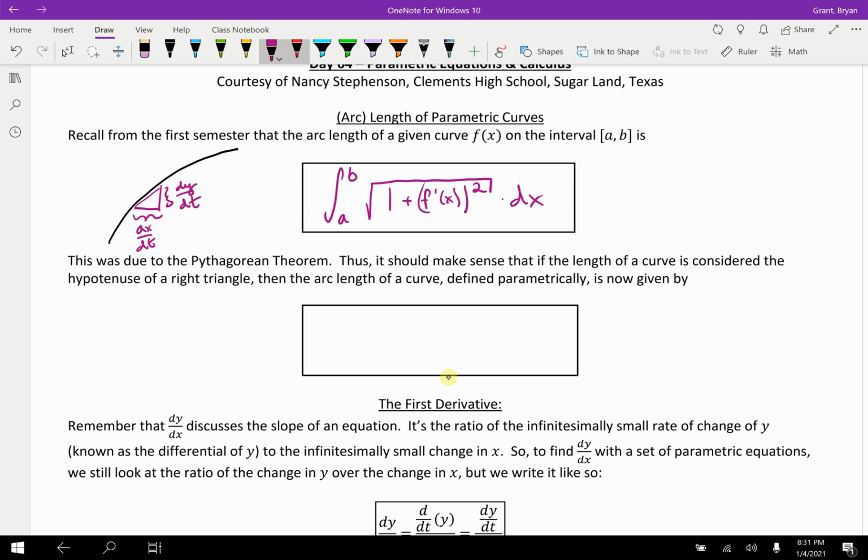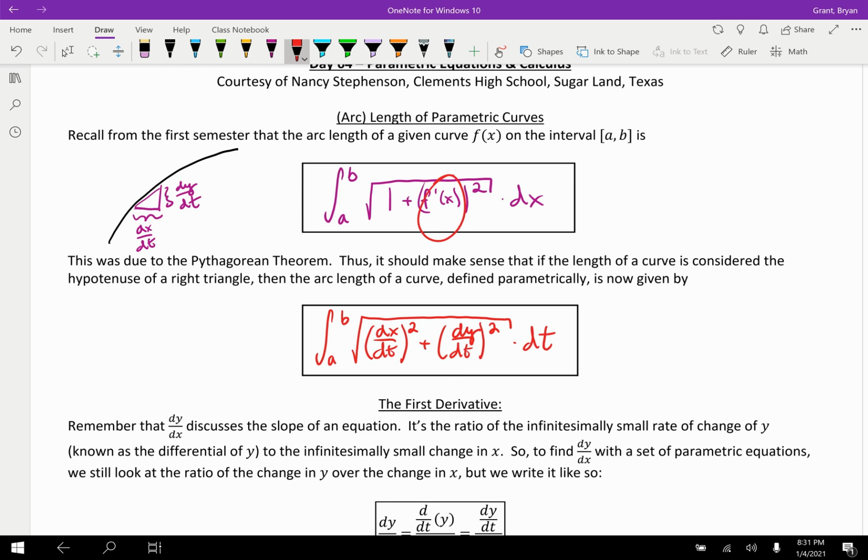And so our new arc length formula, very similar to the other one, is the integral from a to b of the square root of (dx/dt) squared plus (dy/dt) squared, dt.